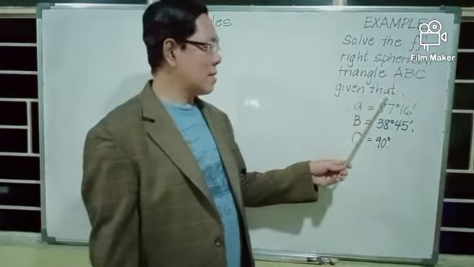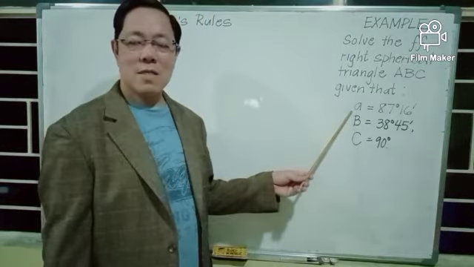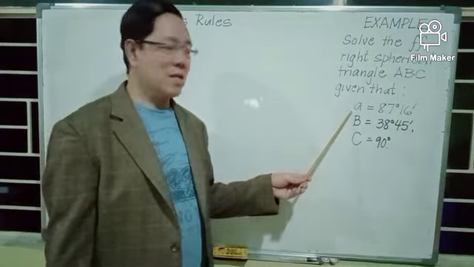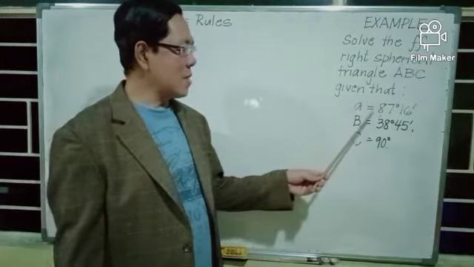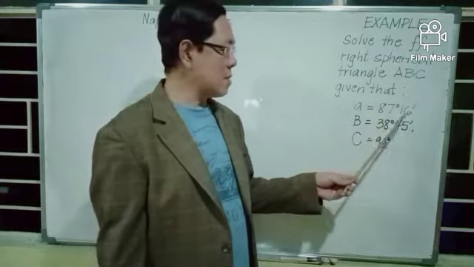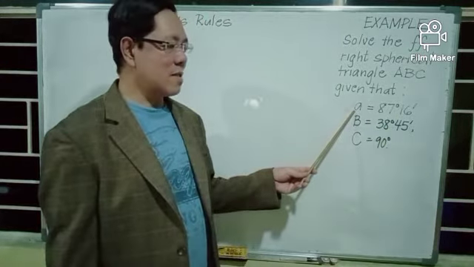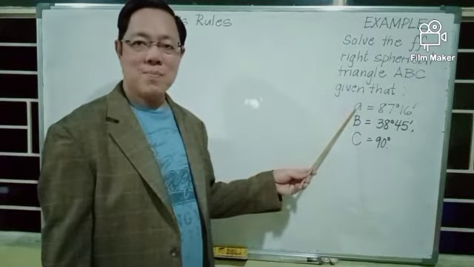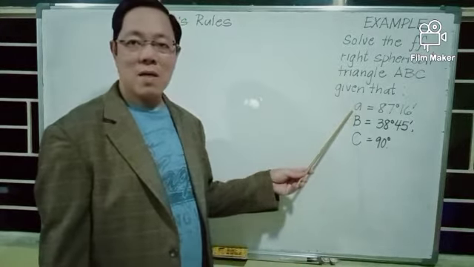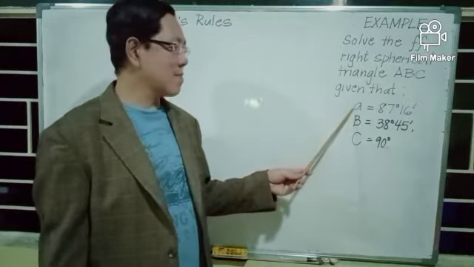Given that small a, this is a side of the right spherical triangle, and its measure is 87 degrees 16 minutes, which means that the length of the side small a is given by the angle subtended by this side small a to the center of the sphere.